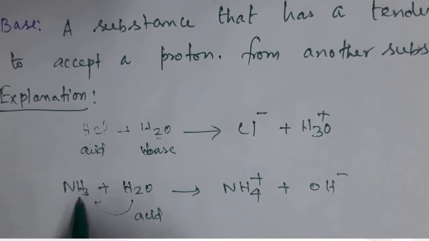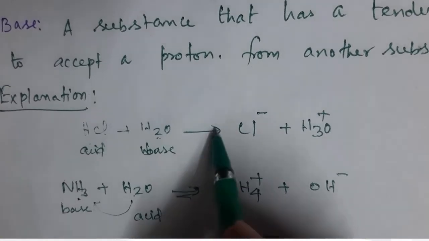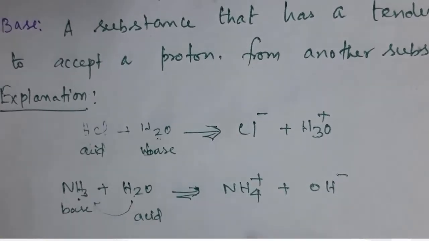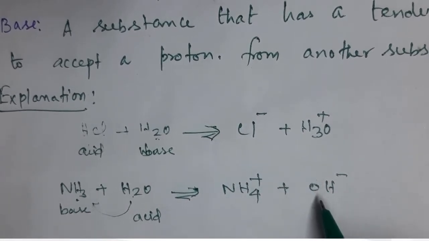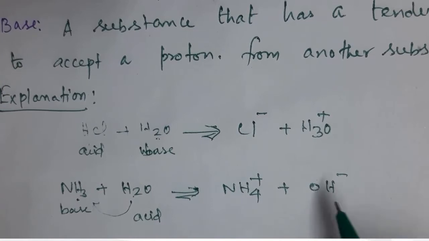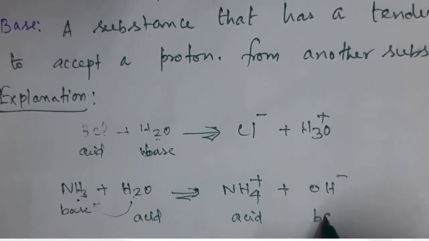Ammonia accepts a proton from water, so it is a base. Okay, so it is in equilibrium. If the reverse reaction is considered, what happens? The ammonium ion donates the proton to the OH minus, so it is an acid, and OH minus accepts a proton, so it is a base.